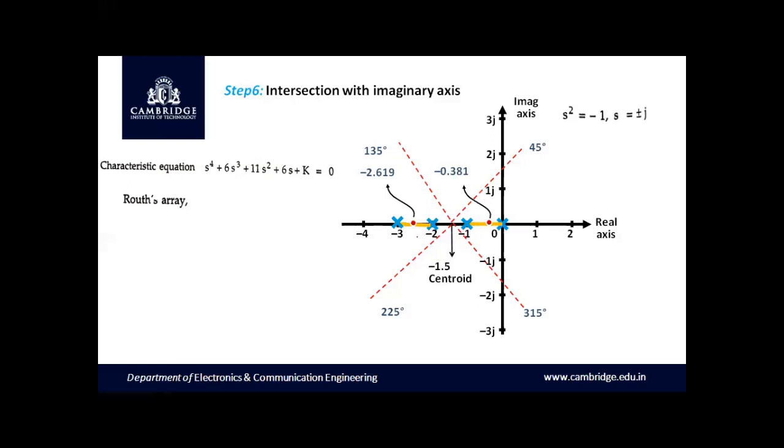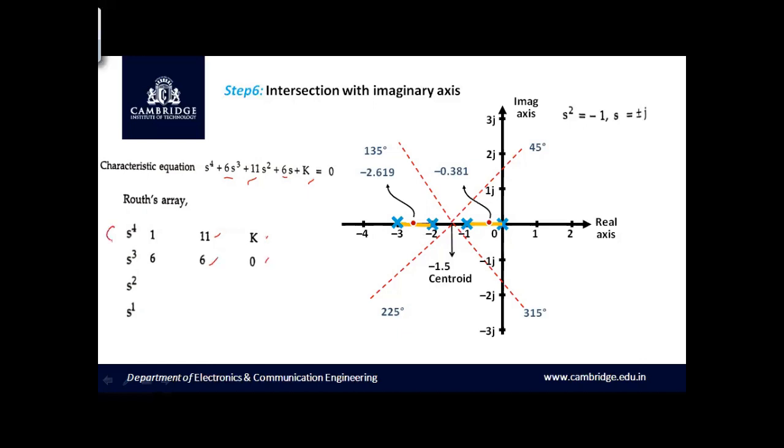Once after writing the characteristic equation, we have to generate the Routh array. So let me write the coefficients so that the first 2 rows can be filled out. The s power 4 coefficients are 1, 11 and k, and the s cube coefficients are 6, 6 and 0.